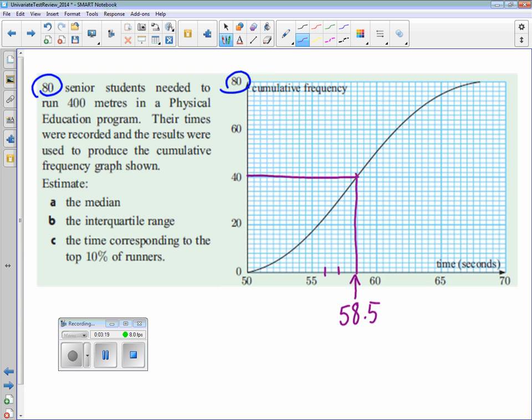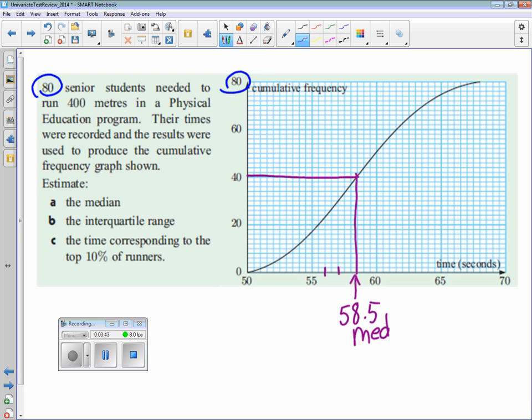I know it's hard. It's probably easier for me to see because I'm really close to the paper. But you're going to create your scale here. You need to be exact. And I will give you a scale, like a grid on the back, to help you when needed. So are we okay with the median? Any questions about where that came from?